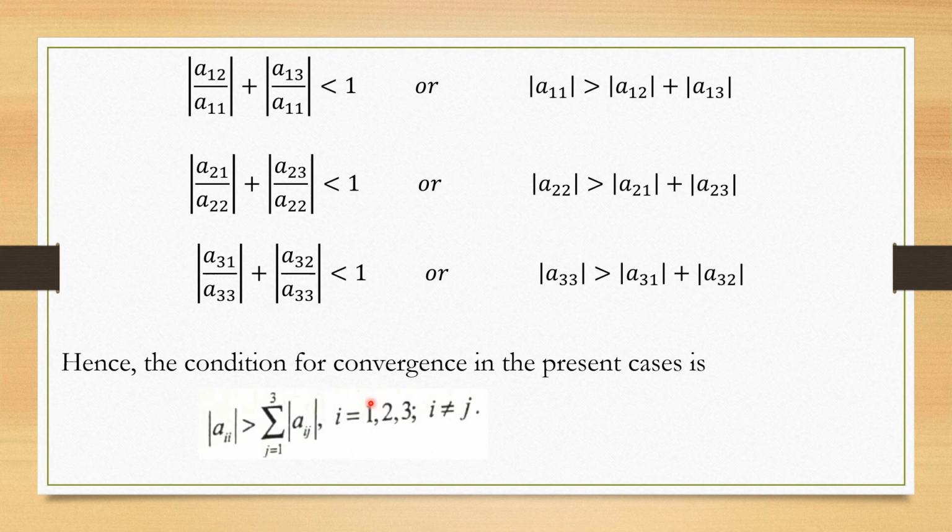Hence, the condition for convergence is this: |aii| is greater than the sum over j from 1 to 3 of |aij|, where i is not equal to j. This is the comprehensive form of the above relations.